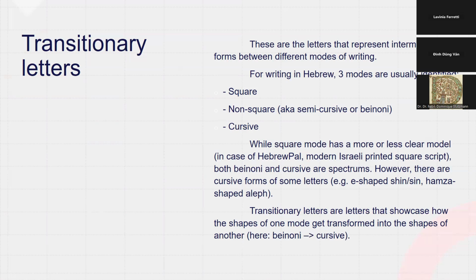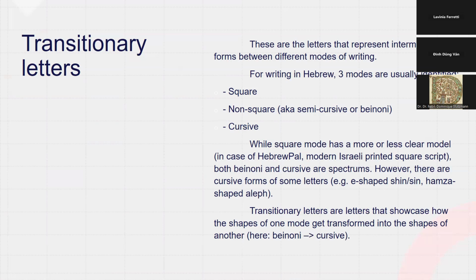For the other two modes, Benoni or semi-cursive or non-square, and cursive, we don't have such a set-in-stone model. Also, from my personal standpoint, both Benoni and cursive modes are spectrums, so we can have a variety of scripts closer to different ends of the spectrum.